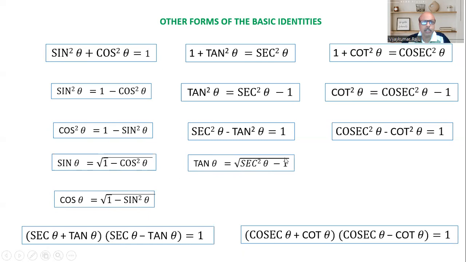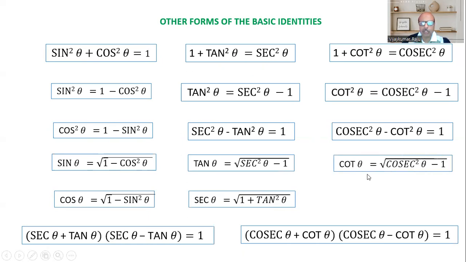Tan theta is equal to square root of sec square theta minus 1. Or sec theta is equal to square root of 1 plus tan square theta. Next, cot could be written as square root of cosec square theta minus 1. Or cosec could be written as root of 1 plus cot square theta.